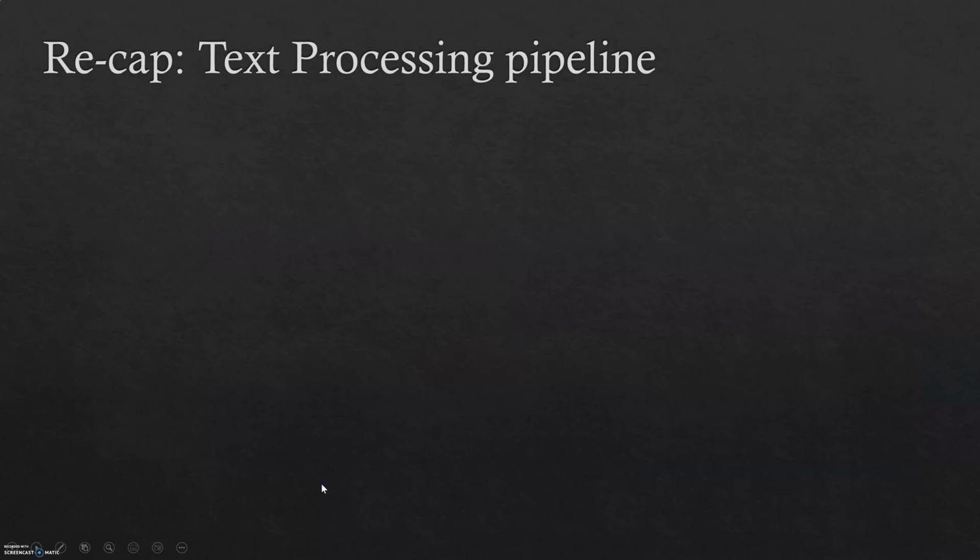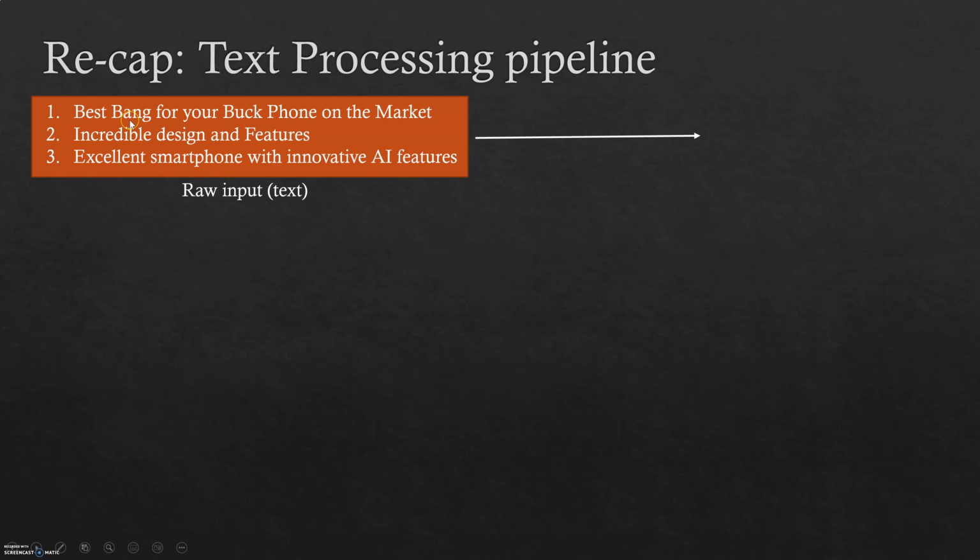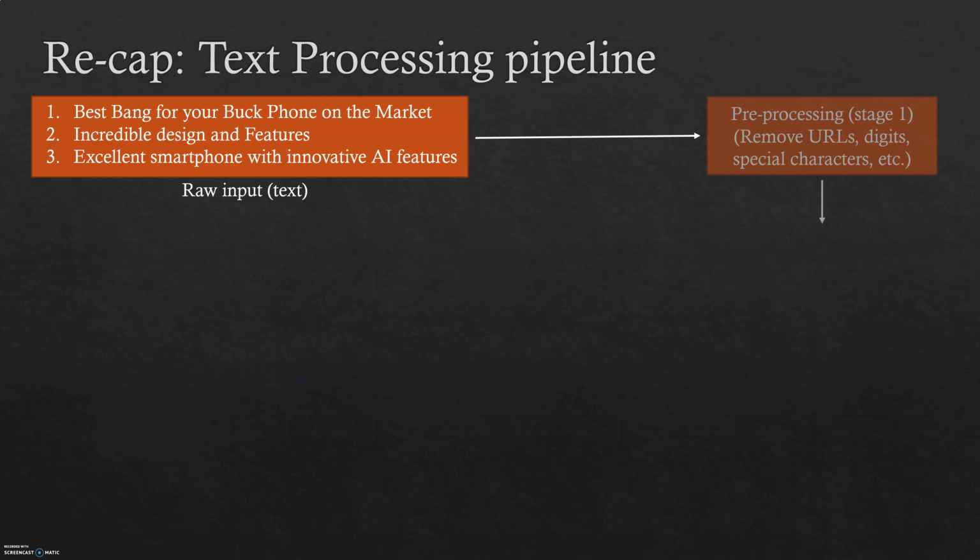So just as a recap, we are given a raw text. In order to convert this raw text into numerical input, we have to go through several pre-processing stages. The first thing is we remove all of the extra things that we don't need, that don't add much value, such as URLs, special characters, emojis, digits, and whatnot.